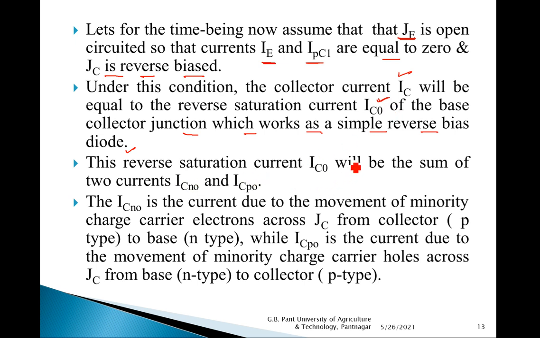Okay. So this reverse saturation current ICO will be the sum of two currents, that is ICNO and ICPO. This ICNO is the current due to the movement of the minority charge carrier electrons across the junction JC from the collector, that is P type, to the base N type, while ICPO is the current due to the movement of the minority charge carrier holes across the junction JC from the base N type to the collector P type.